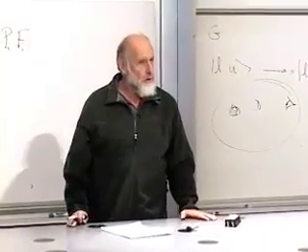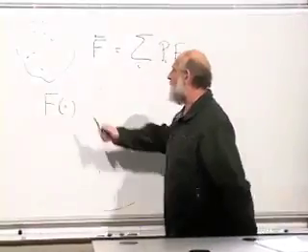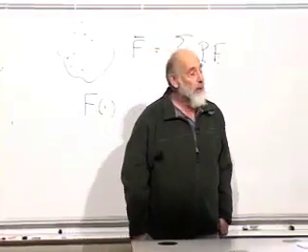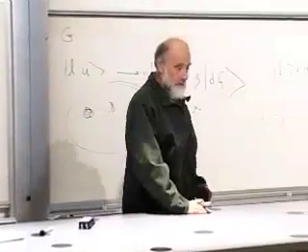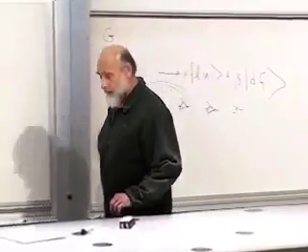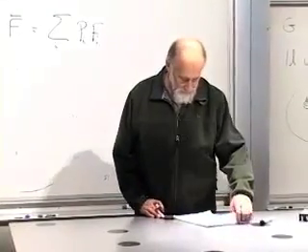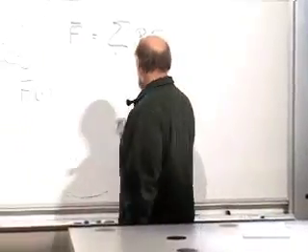The trace, first of all, let me tell you, the trace is the analog of the sum over configurations. It replaces in quantum mechanics summing over all the possibilities. So sum over configurations becomes trace.